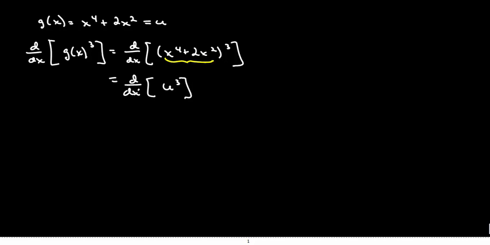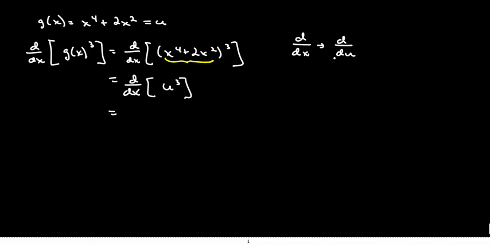But now here's the thing that's important about notation. This x right here and this u right here are not the same. So I need to make a substitution. I've got d dx, and I need to change that into d du. So I need d dx to become d du.